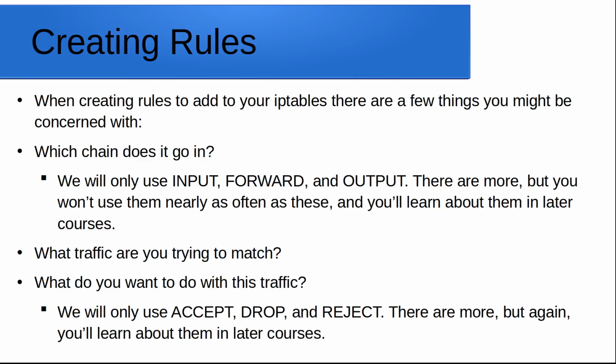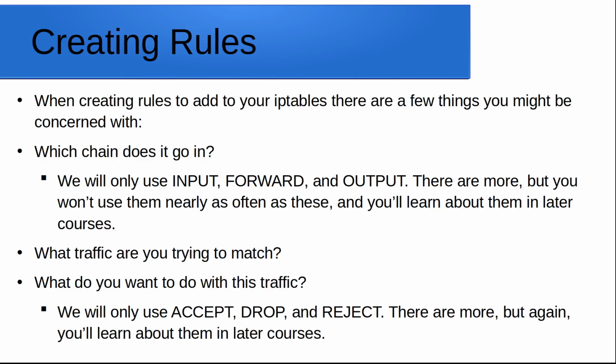Now, when you're creating your rules, there's a few things you have to keep in mind. What type of traffic are you trying to filter and trying to match? And in what direction is it coming in reference to the server, right? Because that's going to affect what chain it's going into. So I'll give you an example.